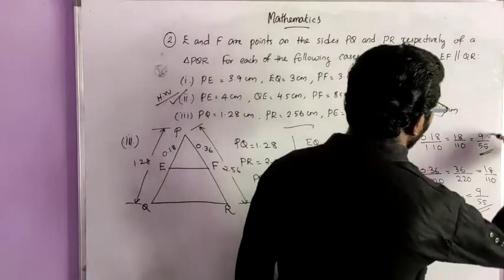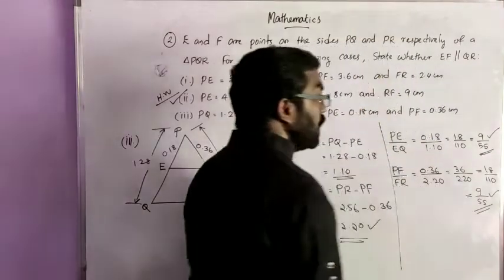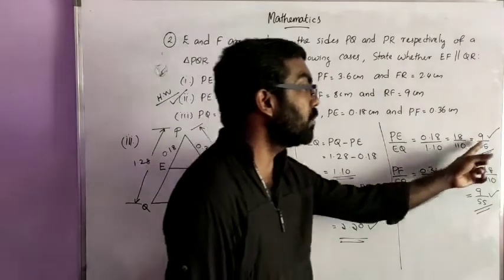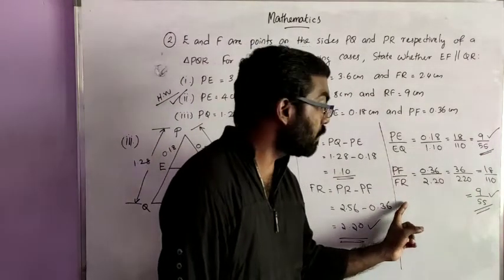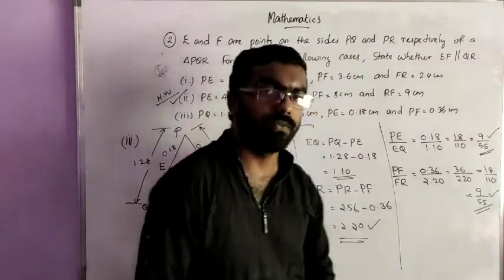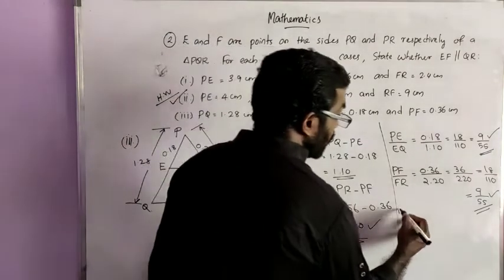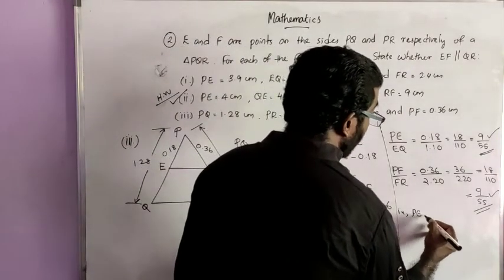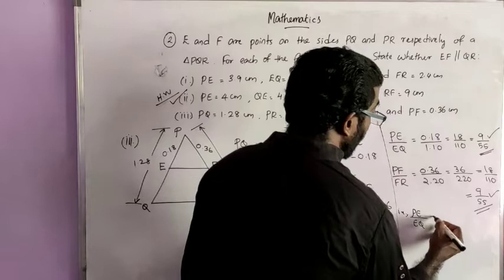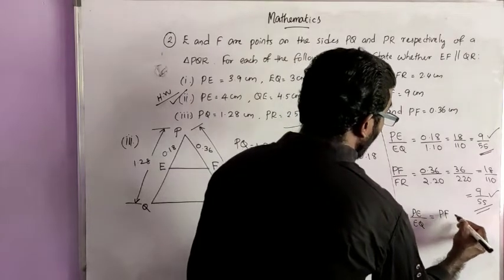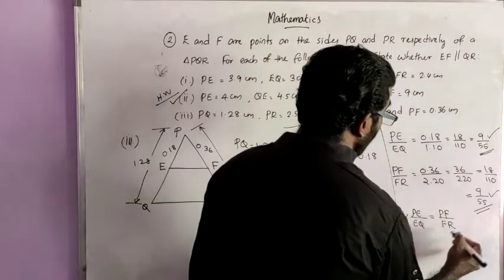So here both the ratios are the same. First one PE by EQ is 9 by 55 and PF by FR is also 9 by 55. So PE by EQ is equal to PF by FR.